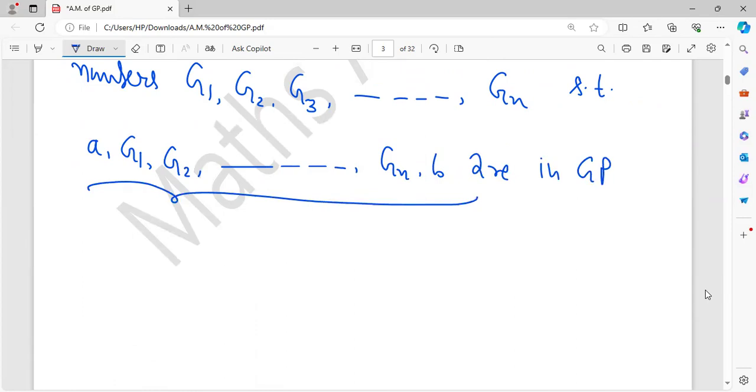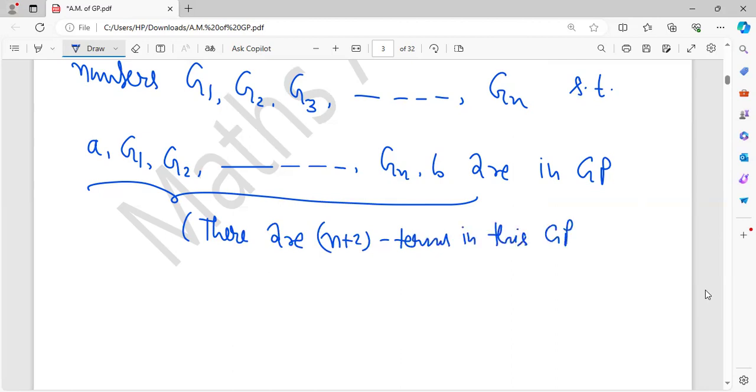So how many terms does it have? There are n plus 2 terms in this GP. What is the first term? First term is A. And what is the last term?